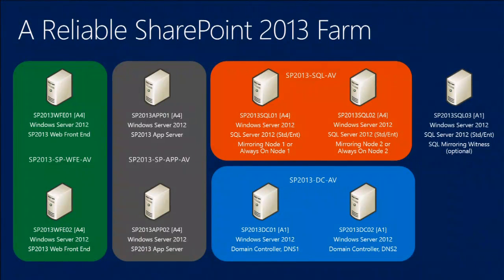Such a topology is a highly available, affordable, reliable topology for a basic SharePoint farm. Then, of course, if you want to serve a high number of users or a large number of items inside the search corpus, you will have to add more servers to your environment. But it's up to you, and it depends on your requirements.